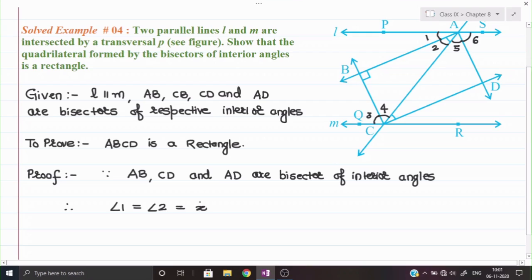One more thing, you observe angle 1 and angle 2 will be the half of which angle? Angle PAC. So we can write down, angle 1 is equal to angle 2 is equal to half of angle PAC.